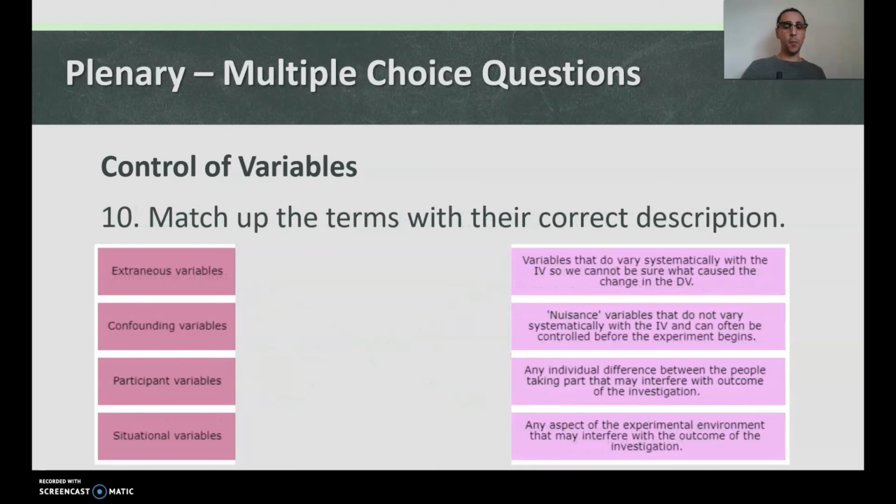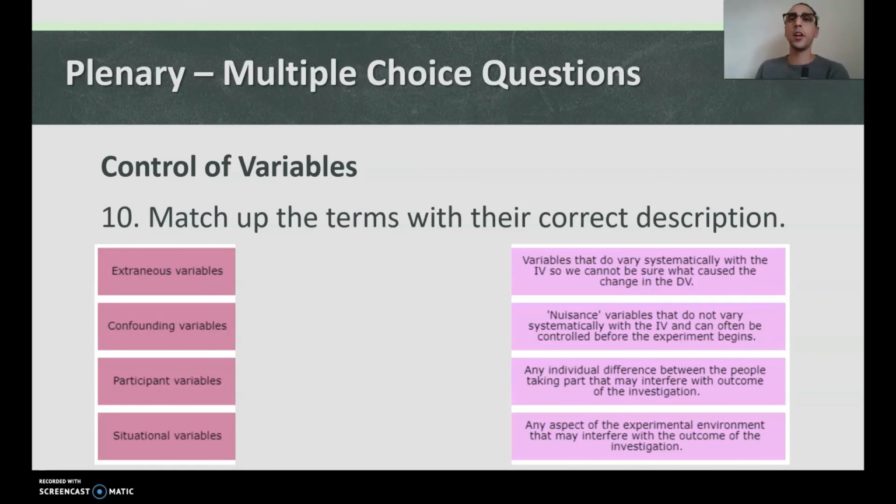Number 10. Match up the terms with their correct description. You've got different types of variables here. Extraneous, confounding, participant, and situational. I'll read these, don't worry. I'll do all the hard work. Variables that do vary systematically with the IV. Nuisance variables that do not vary systematically. Any individual difference between the people taking part that may interfere with the outcome, and any aspect of the experimental environment that may interfere with the outcome.